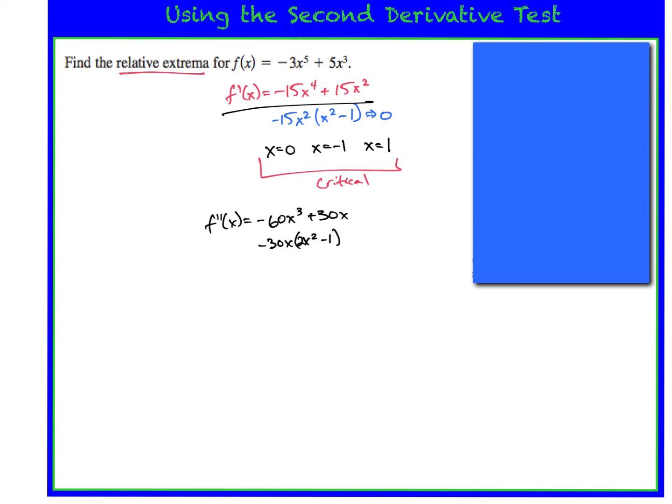Now, I don't need to set that equal to 0 because it doesn't ask about points of inflection. We're talking about relative extrema. So I'm going to find what f double prime is at -1, 0, and 1, because a critical number is where my derivative is 0 or doesn't exist.